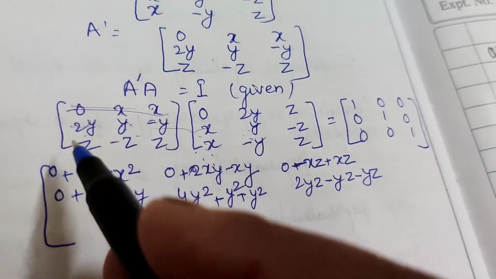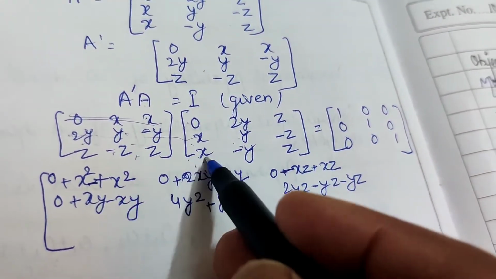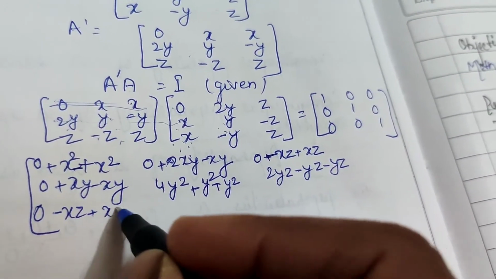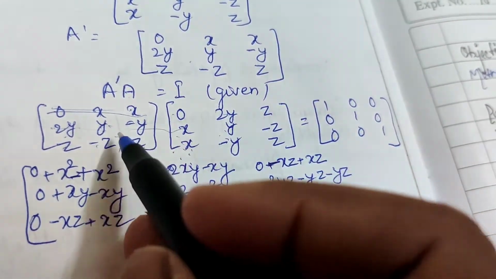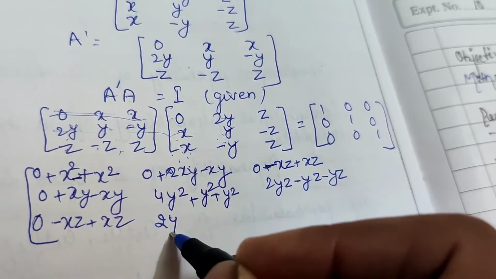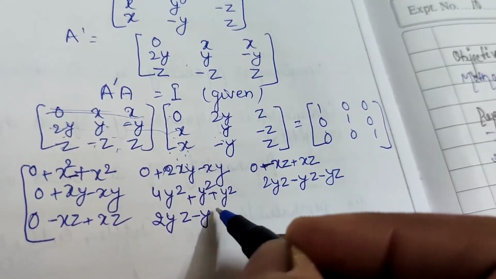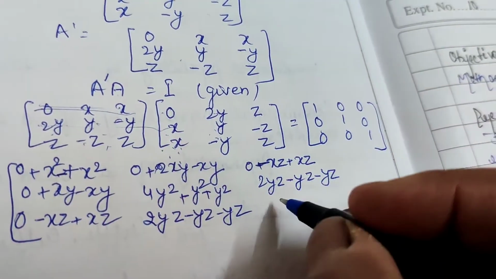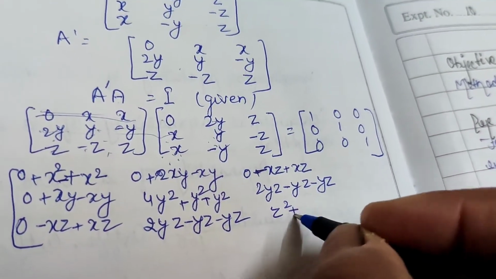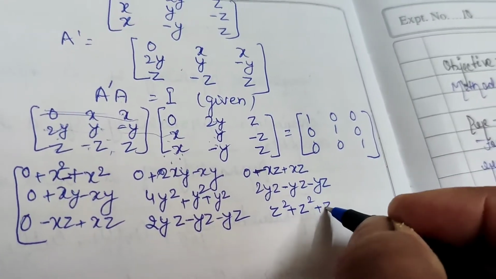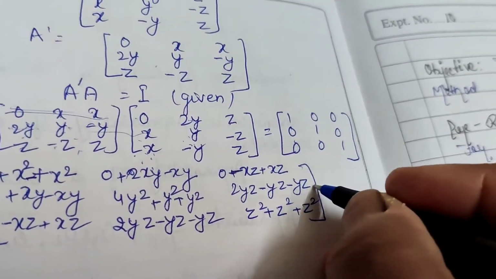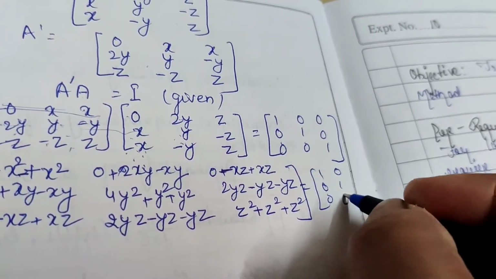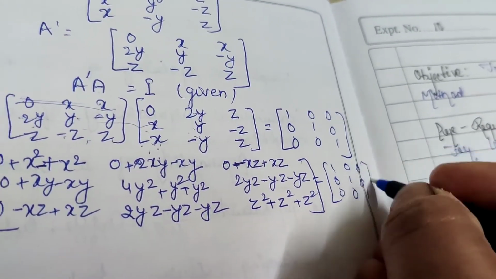And the third, 0 minus xz plus xz. 2xy, 2yz minus yz minus yz. And the third, z into z, z square plus z square plus z square. This one equal to 1 0 0, 0 1 0, 0 0 1.